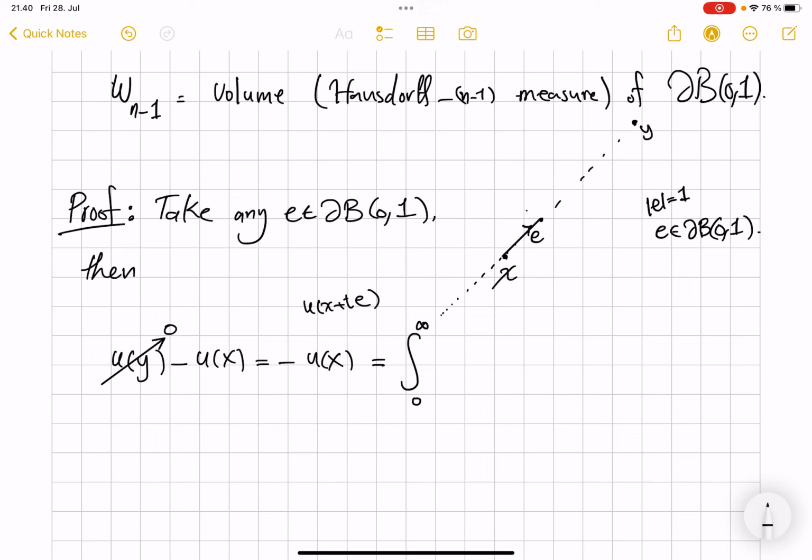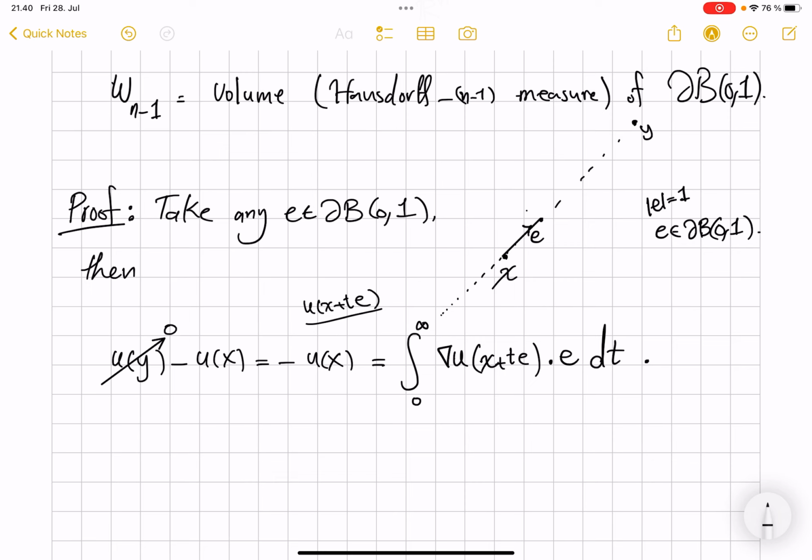So this becomes 0 to infinity. And what is the derivative of this function? This is just the directional derivative in the direction of e, which is the gradient of u at the point x plus te, dot e, and then dt. Okay, end of the story.